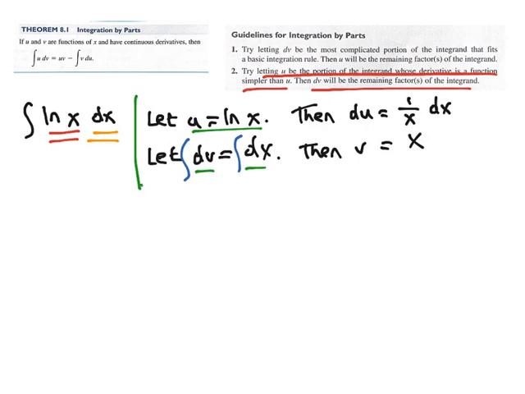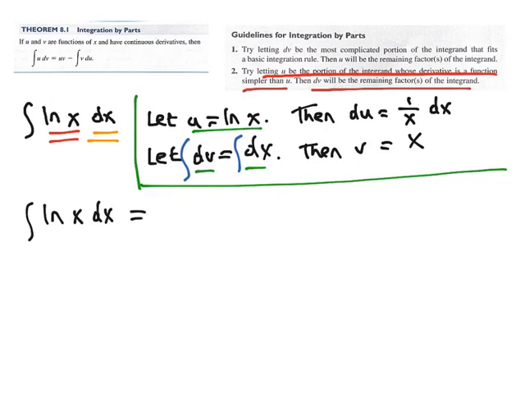So now that we have this, we're going to apply the integration by parts formula to our problem, which is the indefinite integral of natural log of x dx. And what would that give us? So the integration by parts formula says uv minus the indefinite integral of v du. So uv would be natural log of x times x.